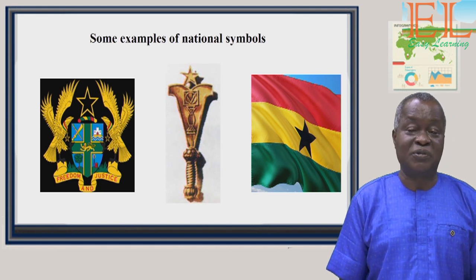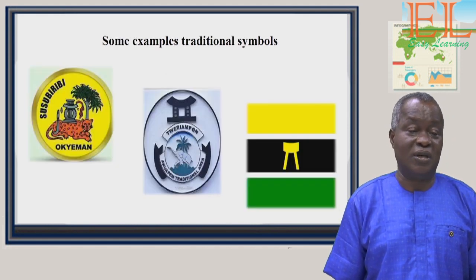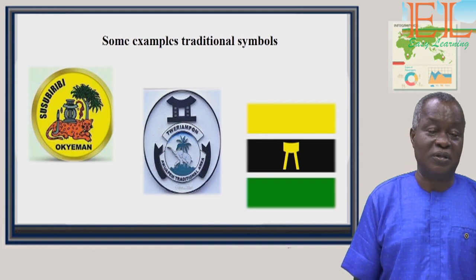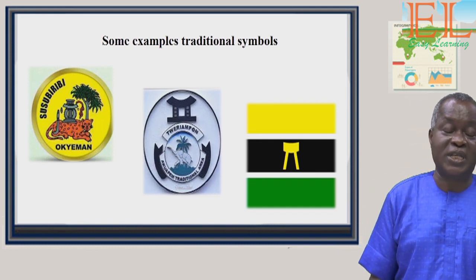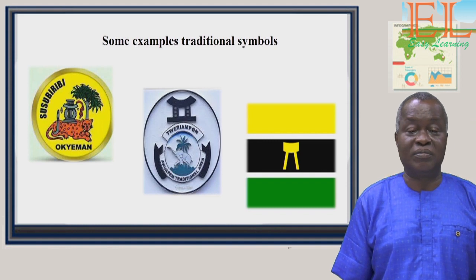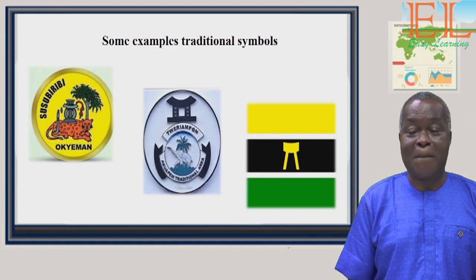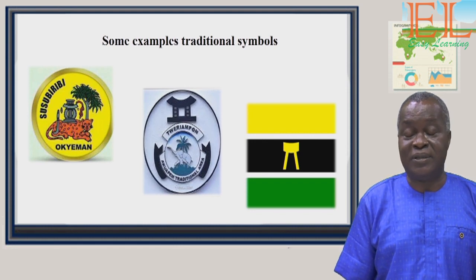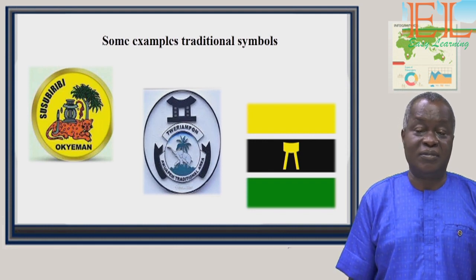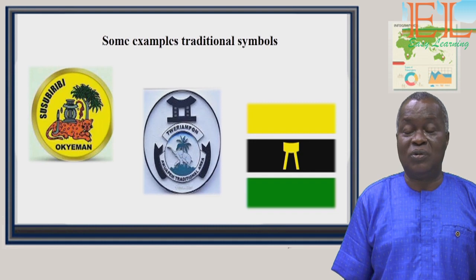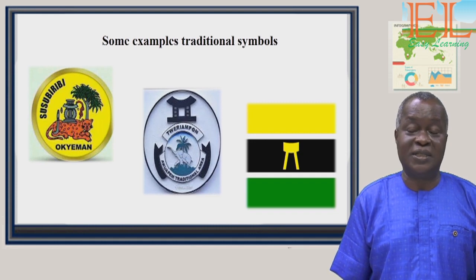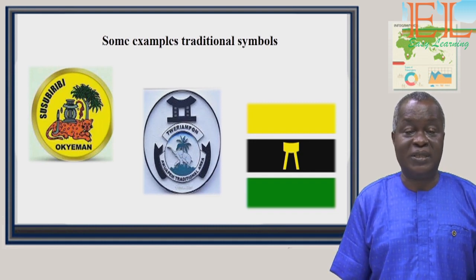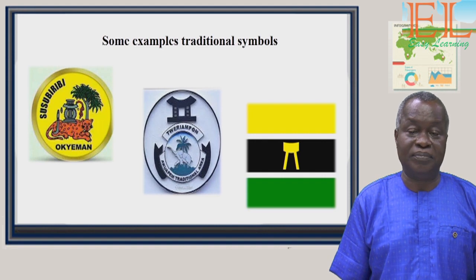Some examples of traditional symbols include the Susubiribi, which stands for Ochiman, the Chiriampong, which stands for the Akuapem state, Okuapeman, and then the third one, which stands for Asanteman or the Asante Kingdom.